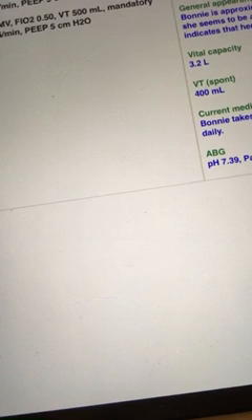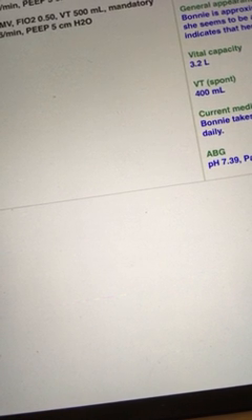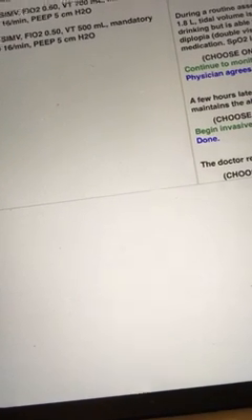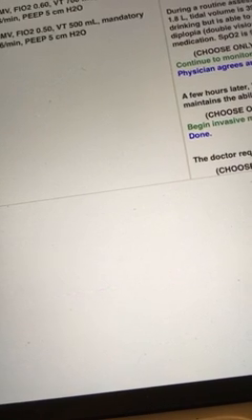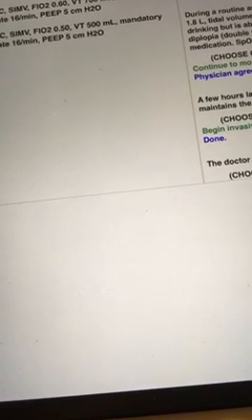Is this an emergency? Does she need 100% oxygen? She's on 3 liters, right? She's at 92 on 3 liters, so she doesn't need 100%, I don't think.